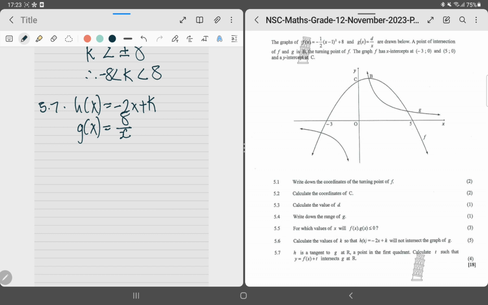And in order to do this, we need to find the derivative of g. At R, the gradient should be equal to negative 2, because we are told that h is a tangent to g. So the gradient should be equal to negative 2.